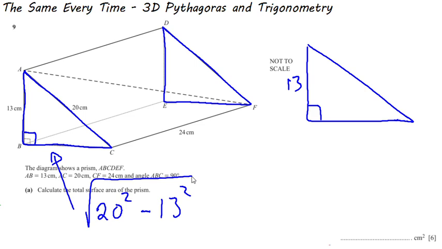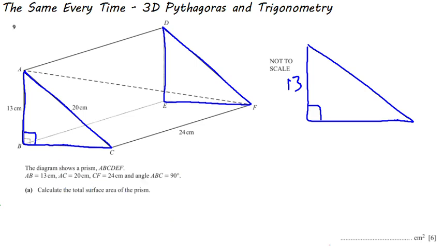So 20 squared minus 13 squared. On my calculator, 15.19868415. Remember, I've said this many times before, we don't want to be using rounded answers in calculations.